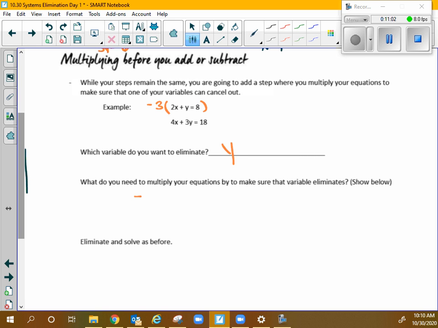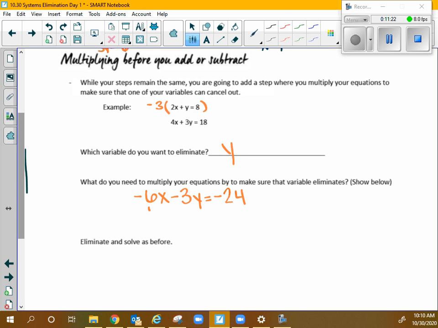So now, I'm going to bring it down here, because I'm going to multiply by negative 3. I've got negative 6x minus 3y equals negative 24. Every single value needs to multiply by negative 3. Nothing on your second equation is going to change.